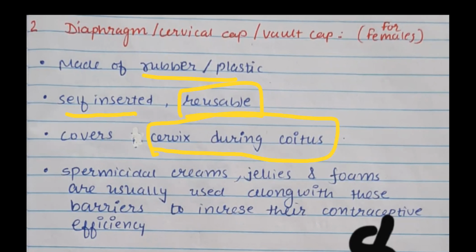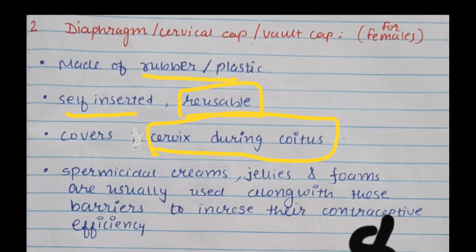So sperms cannot go further into the female reproductive tract and cannot reach the fallopian tube, which is the main fertilization site. So no fertilization takes place and it will not lead to pregnancy. So again, it's one kind of birth control device.